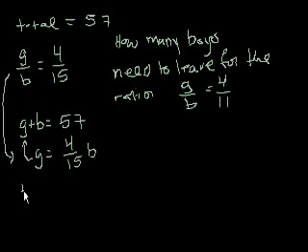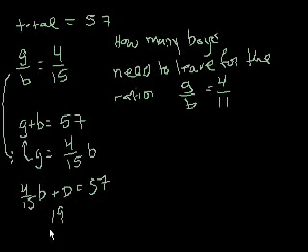And then we get 4 over 15 b plus b is equal to 57. And this is the same thing as 19 over 15 b is equal to 57.